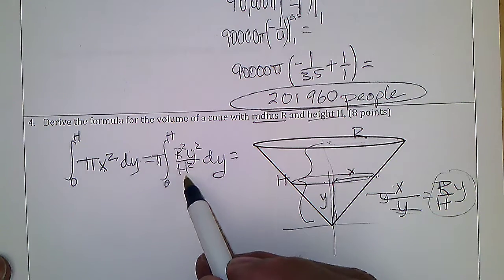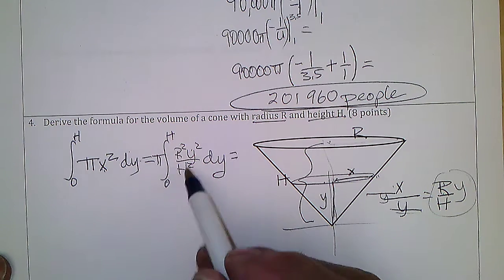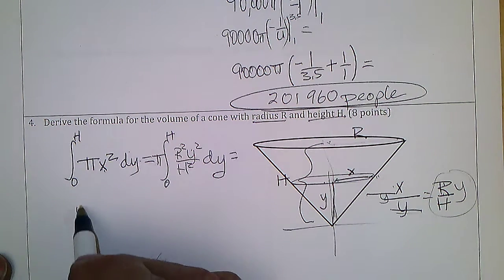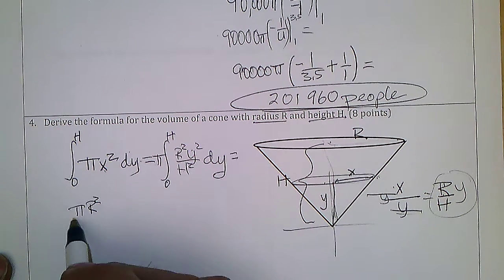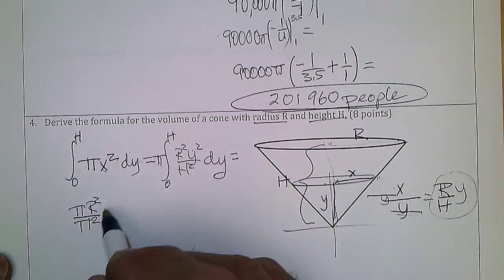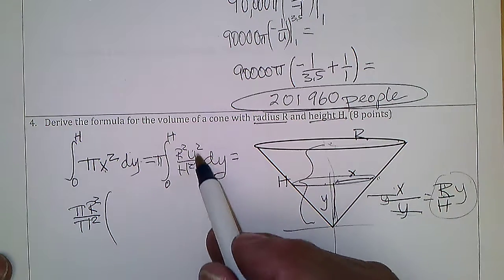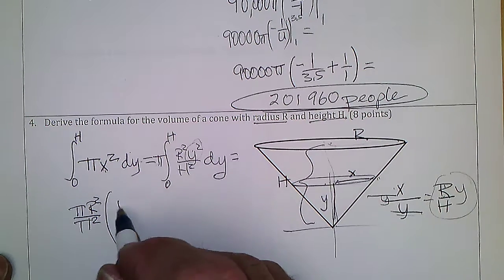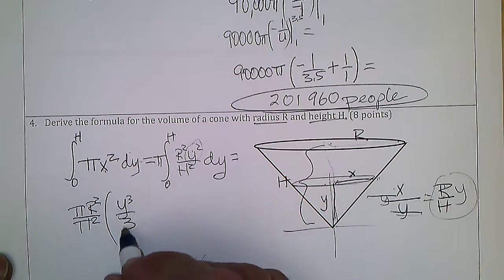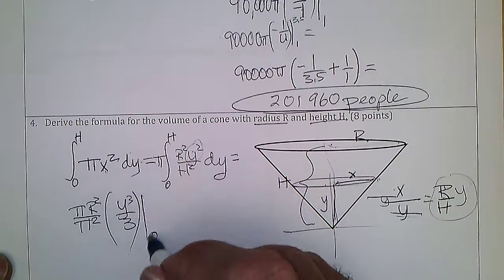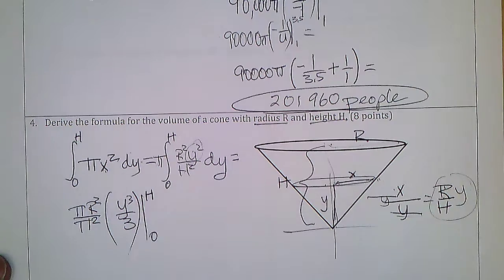The capital R squared and capital H squared are constants. They come out, so we get pi times r squared over h squared times the integral of y squared, which is y to the third over 3, evaluated from 0 to h.